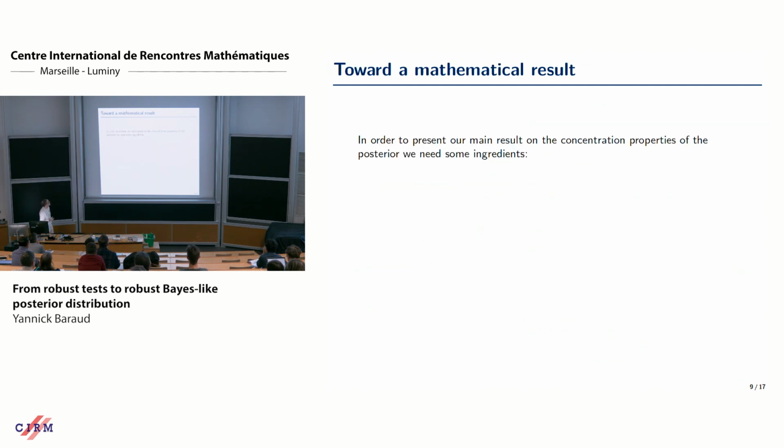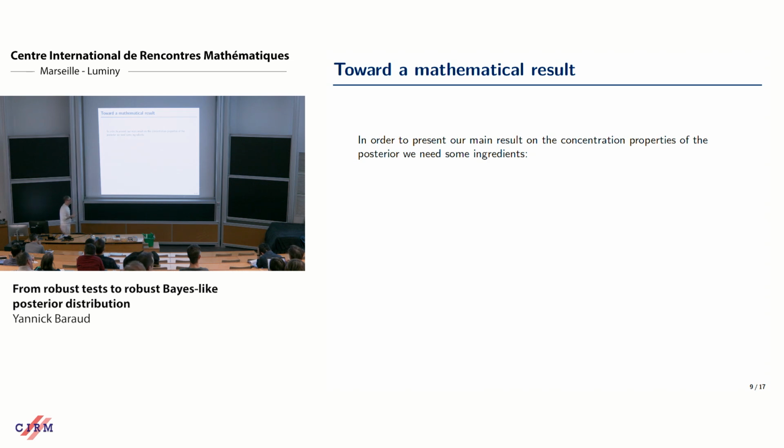Okay, and so now I need to move on to a mathematical result. Basically, I need two ingredients to present the statistical result. What I want to prove is that this posterior distribution will concentrate most of its mass on neighborhoods that are interesting. So I need to specify the kind of neighborhood I'm going to focus on.